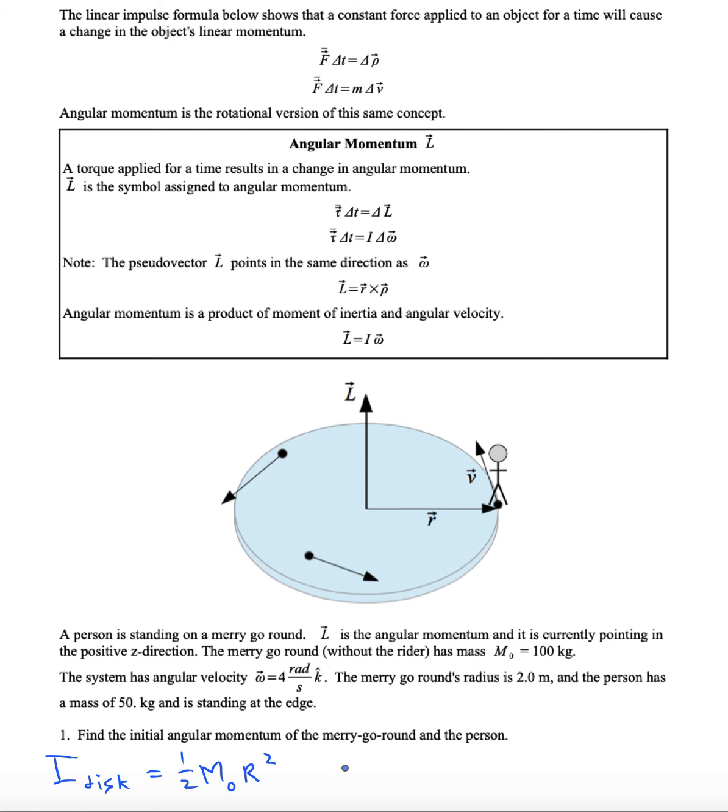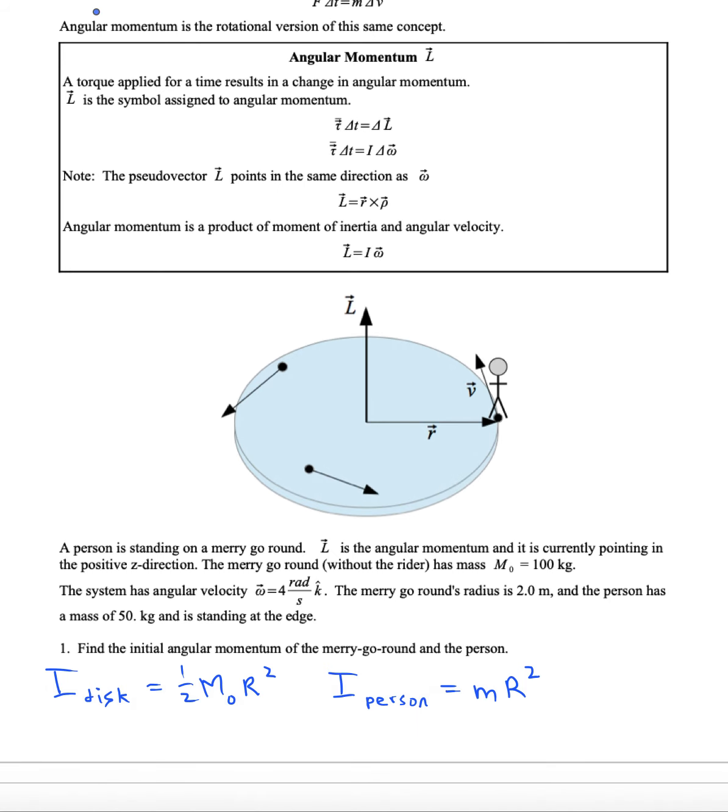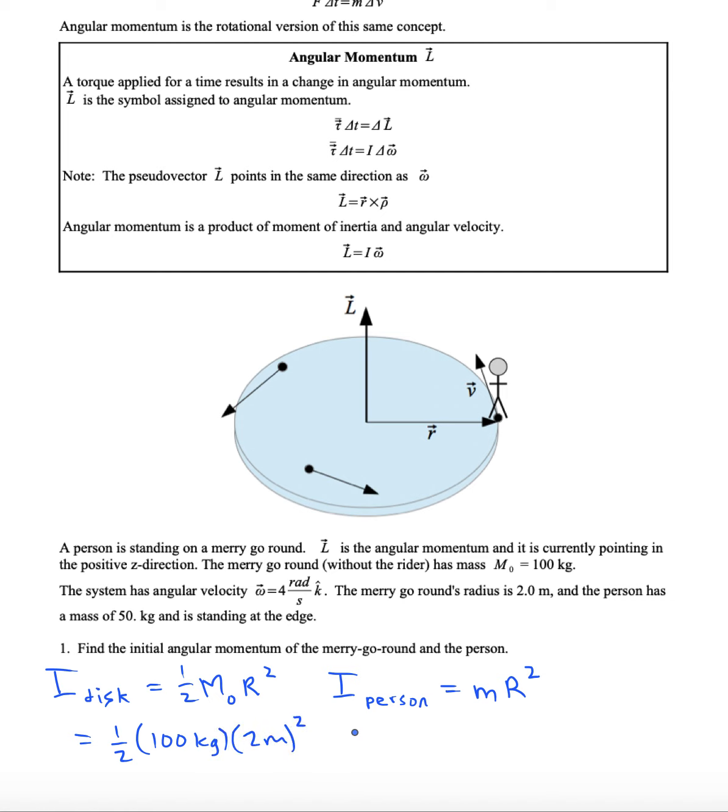The person, on the other hand, should be treated as a point mass because they are revolving around the axis of rotation. So for the person, we should use the formula mr². For the disk, we're going to have 1/2 times 100 kilograms times 2 meters squared.